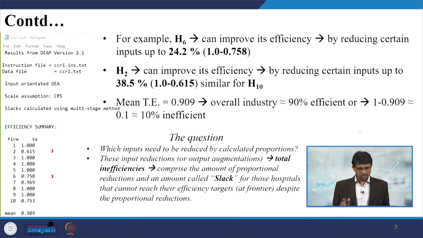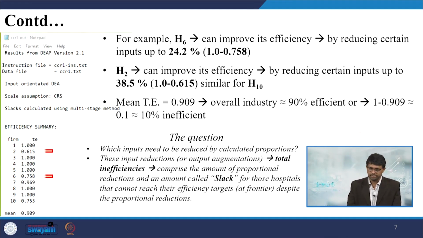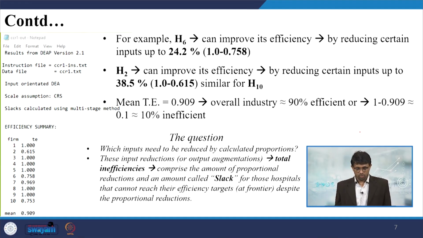Whereas, in the case of H2, since it is 0.615, it will be 1 minus 0.615, this is precisely 38.5%. Okay. And if you reduce the inputs by this percentage, this can improve its efficiency.